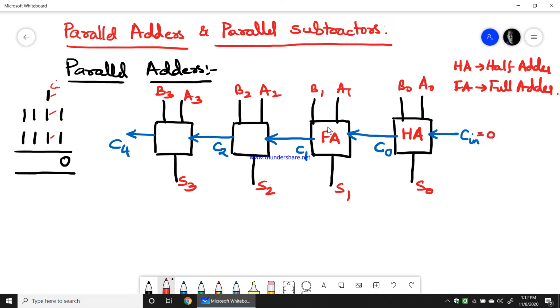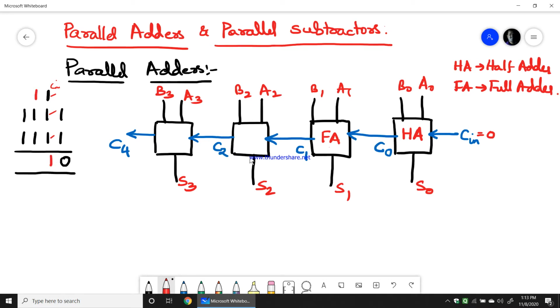Now what will this full adder do? It will take B1 and A1 and with that it will also add C0 coming out of the half adder. C0, which is coming out of this half adder, will behave as Cin for this full adder. Now adding these 3 bits generates again a sum, which is 1 plus 1 plus 1. In the full adder table, 1 plus 1 plus 1 gives sum 1, carry also 1.